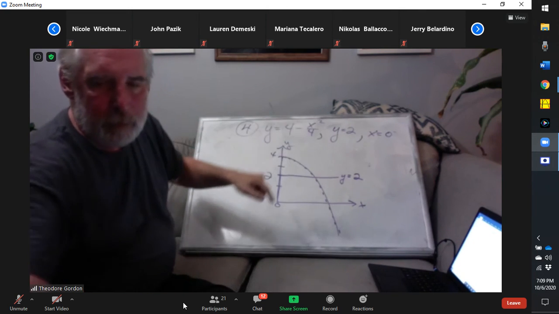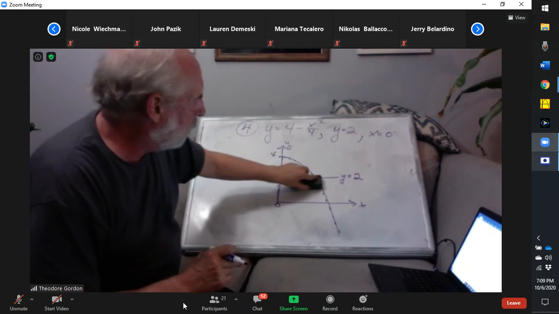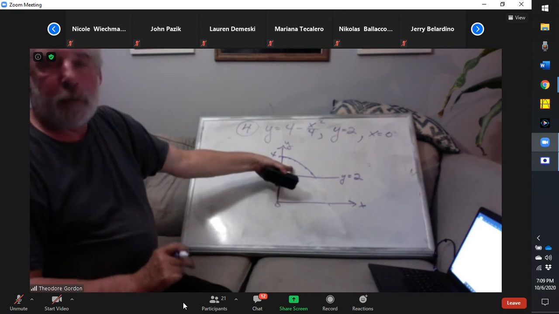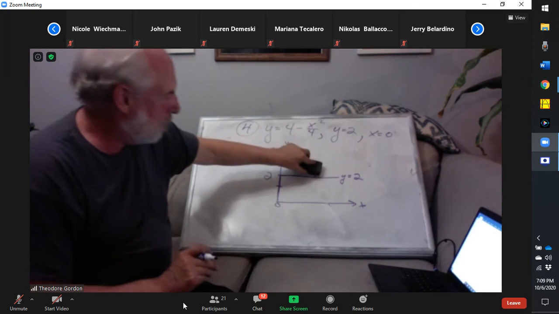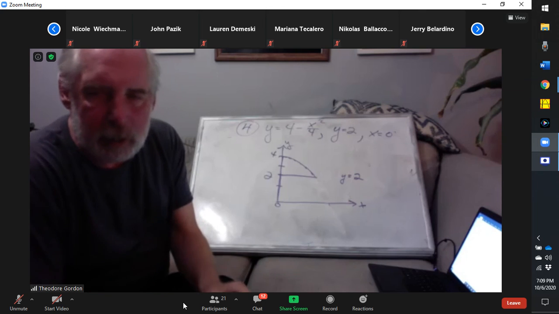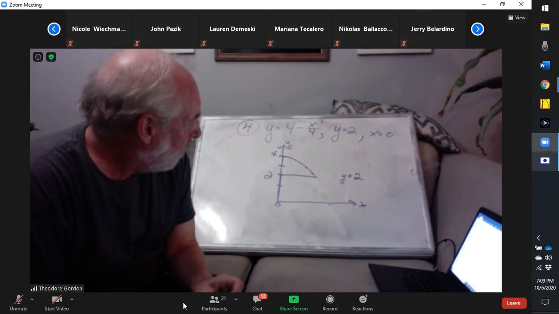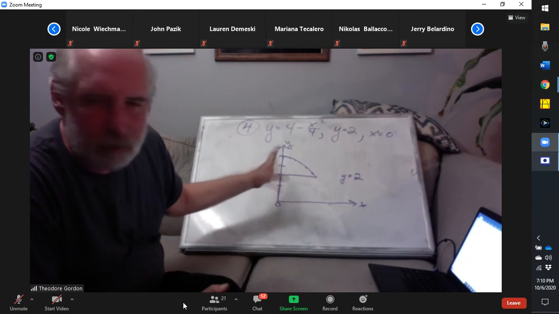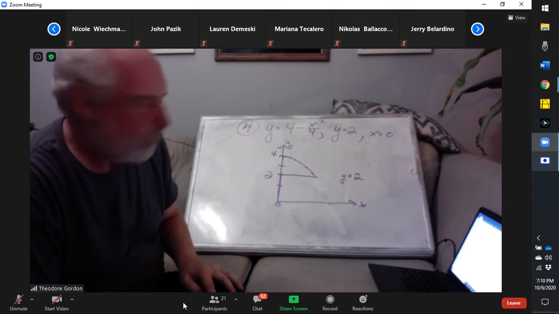So those 3 pieces of information define a bounded region. It's right here. So I'm going to stop there for a second and see if anybody's got any questions. There'll be 1 or 2 like this where you got to kind of figure out the region.